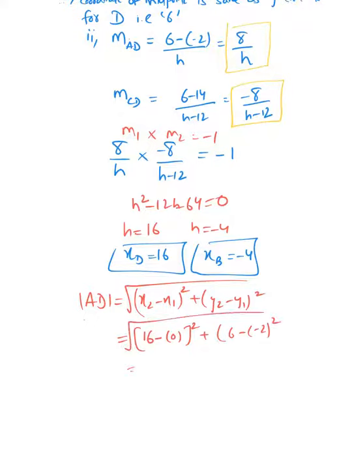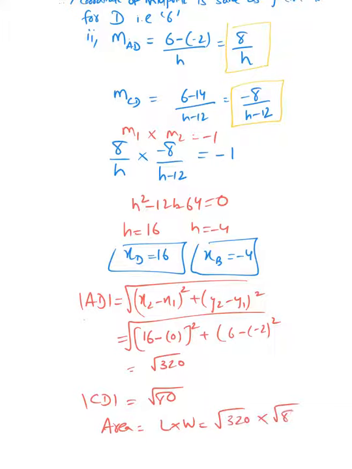So when you solve this, you get square root 320. In the same way, you can calculate the length of CD, and if you calculate the length of CD, you must get square root of 80. Now the area of a rectangle is nothing but length into width, and this is the product of square root of 320 into square root of 80, which is simply 160.